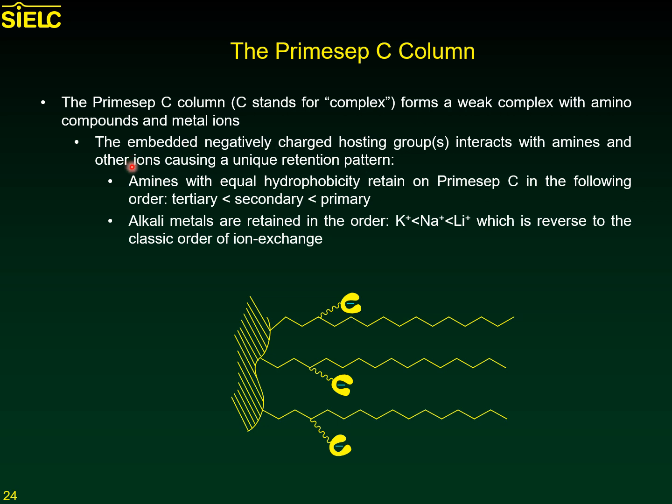When separating amines that have equal hydrophobicities on the Primesep C column, the retention order is tertiary, secondary, and primary. And when separating metals on the Primesep C column, the retention order is potassium, sodium, and then lithium. This is unique because it is reverse to what one would usually observe on a standard ion exchange column.